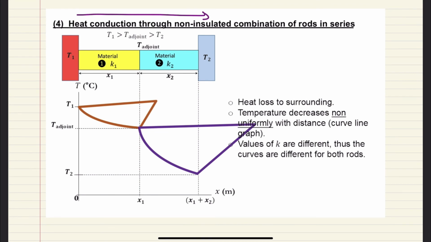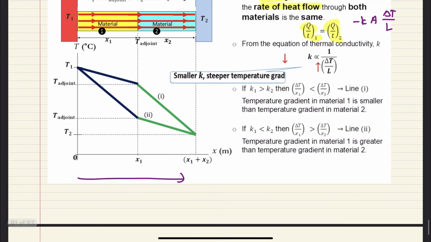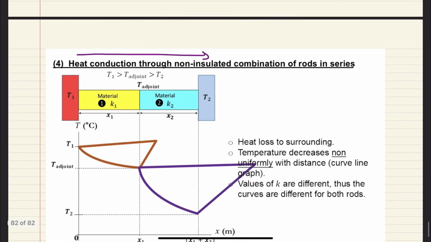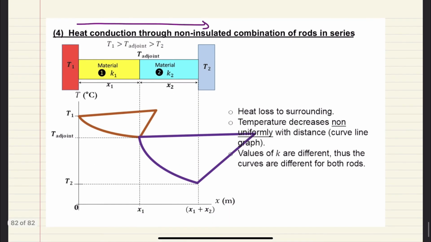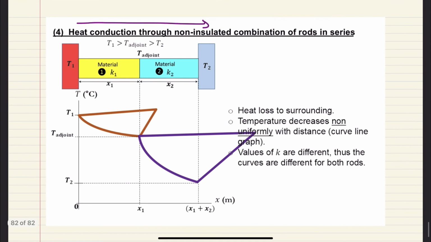Okay, and then if K is different, you will expect that the steepness will be different as well. The gradient will be different. Same goes over here. So K is inversely proportional. I mean, you can't really say that because this one has heat loss, right? But you can expect that if K is smaller, delta T is bigger. So that means over here, you expect K is smaller compared to that one.